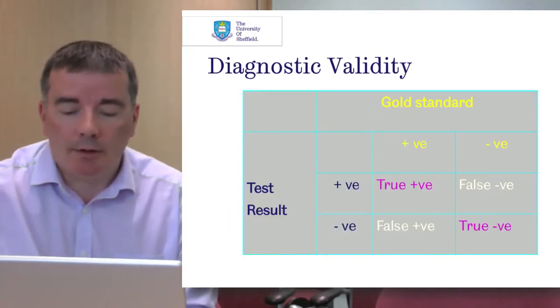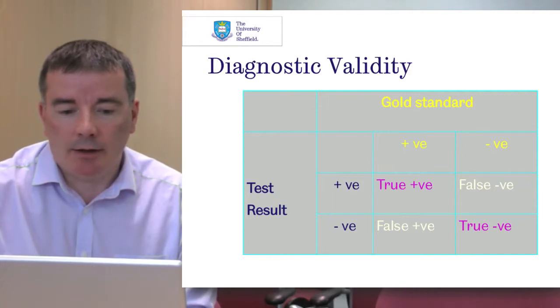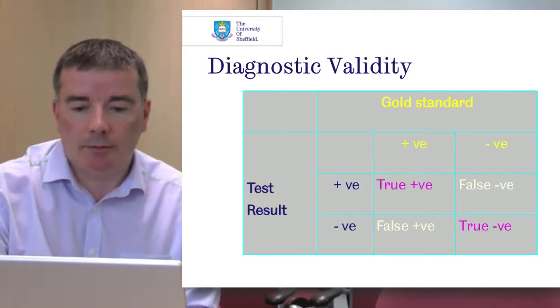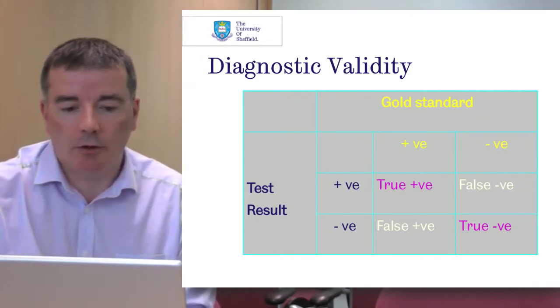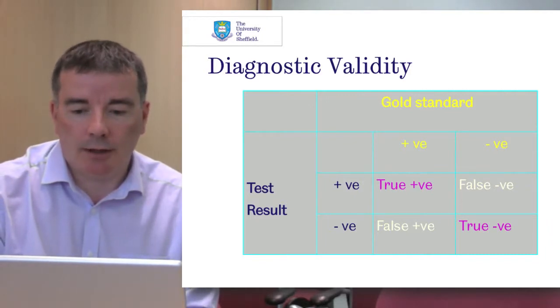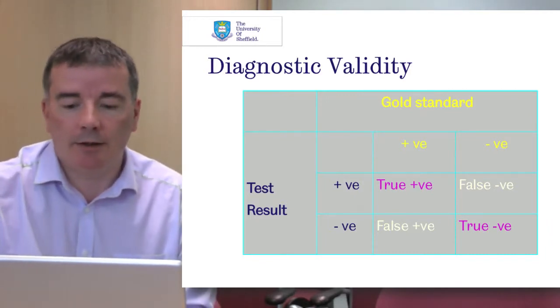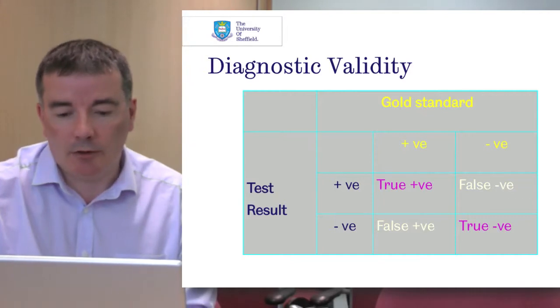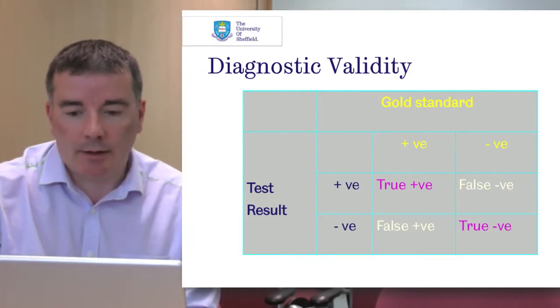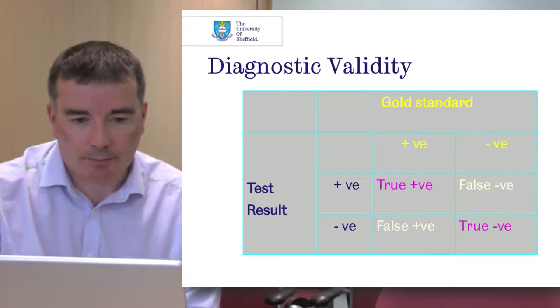You can put those states into this grid, and therefore you can have your gold standard across the top and your results across the side, and you have true positives, false positives, false negatives and true negatives. And this allows you to do some analysis of your results.